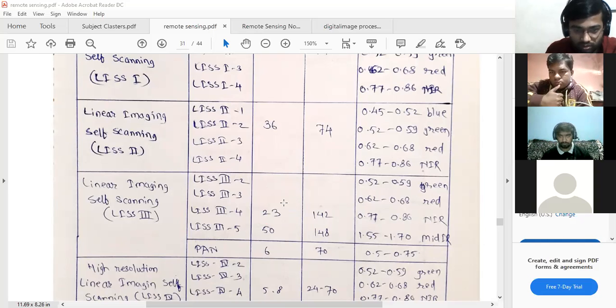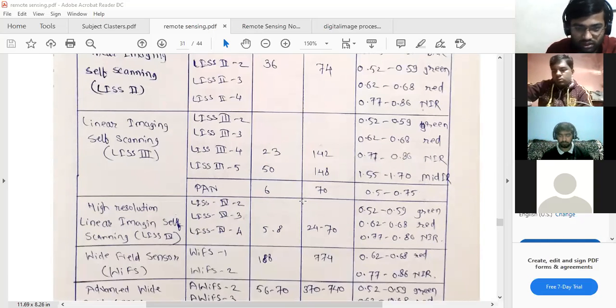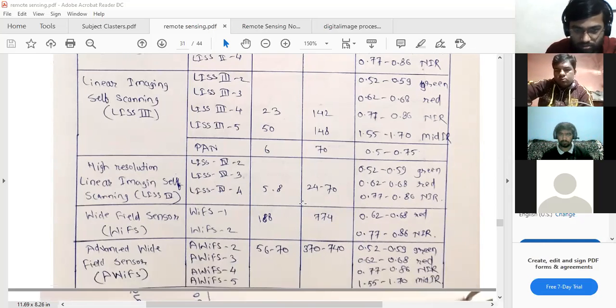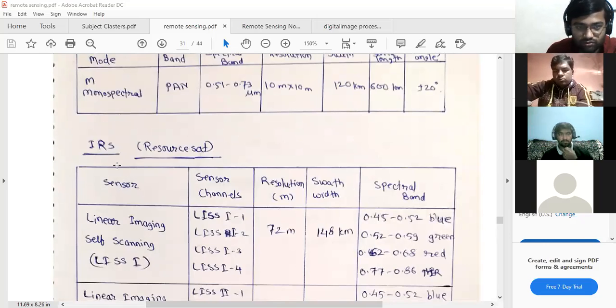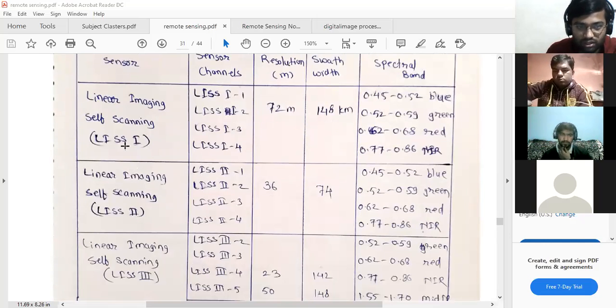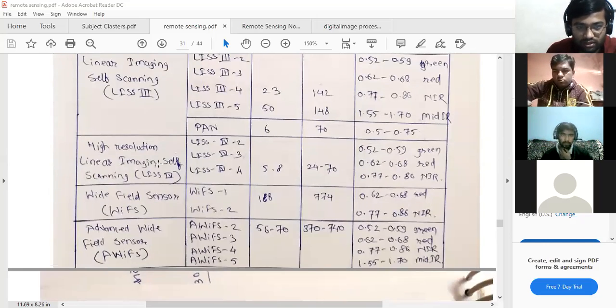That is the reason I have collected so much data. Okay, you do not need to collect so much. Simply try to read and remember like this. So what kind of sensors are we using in IRS? We are using LISS-1, LISS-2, LISS-3, then LISS-4, high resolution linear imaging self-scanning.